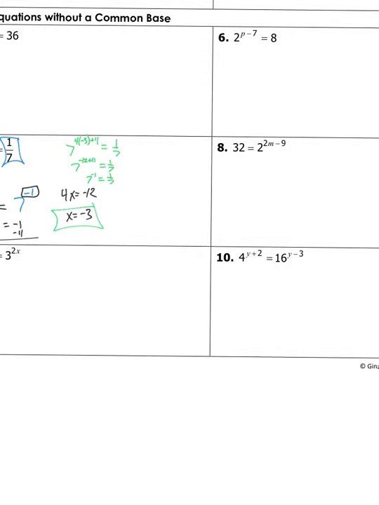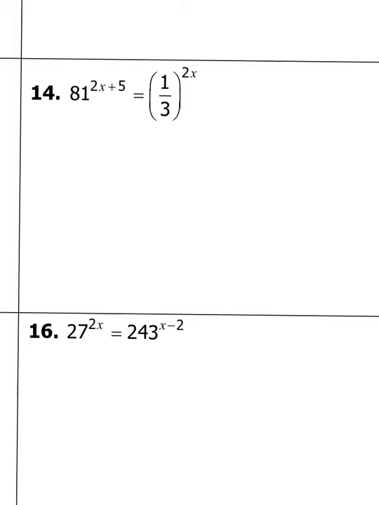This is my answer. Again, I see a fraction. We just want to remember, can I rewrite a fraction as a whole number with a negative exponent? So on this side, just 3 to the -1.